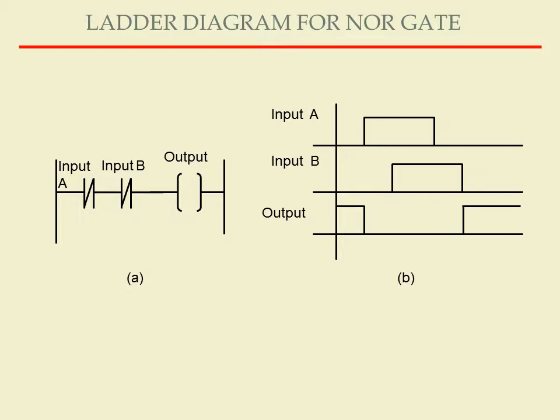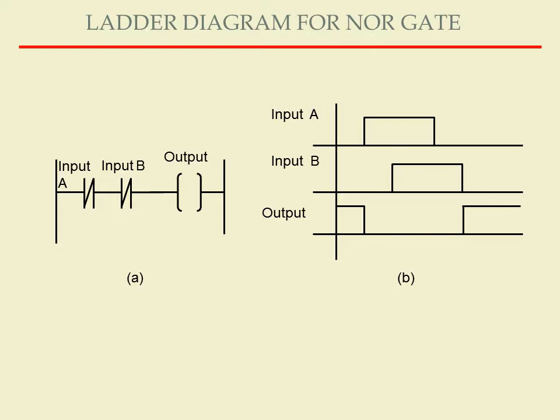Then for the NOR gate, the ladder diagram is two switches connected in series, and those switches are normally closed switches, as shown in figure A. It is the ladder diagram. And see the output in figure B. Input A is 0, input B is 0, then output is 1. Then input A is 1, input B is 0, then output is 0.